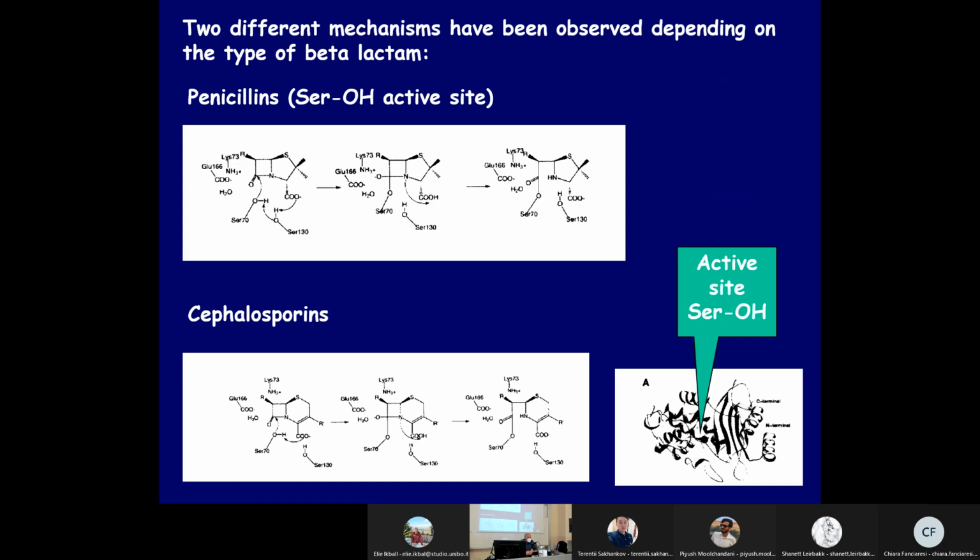You can imagine that if you take away the proton from an alcohol, you have an O-, and this O- is a very potent nucleophile, able to attack, in this case, and to open the beta-lactam ring.